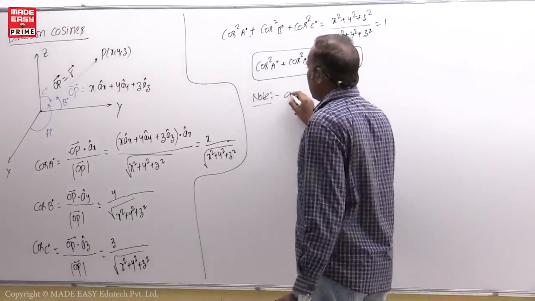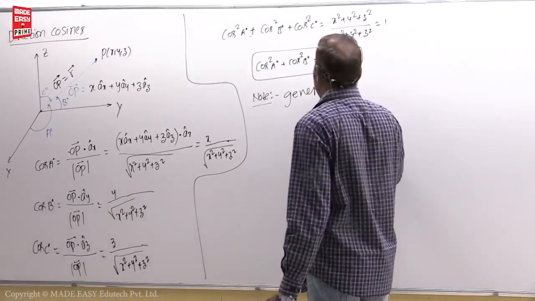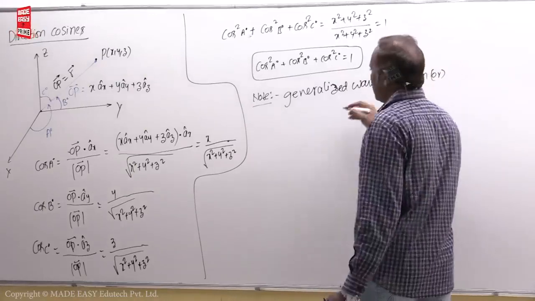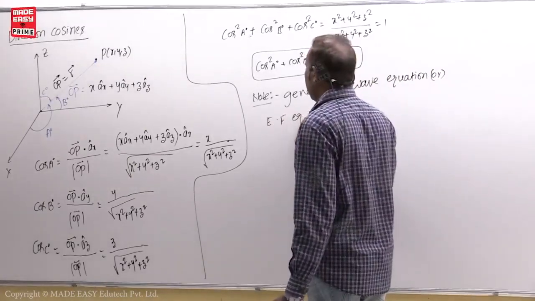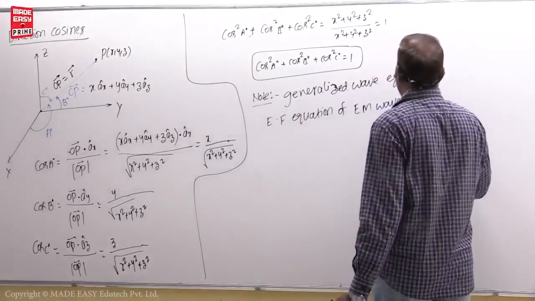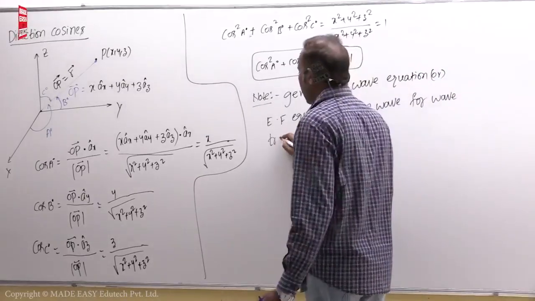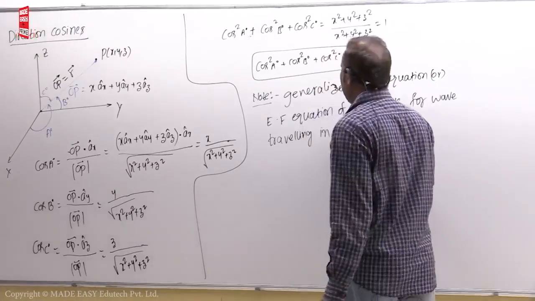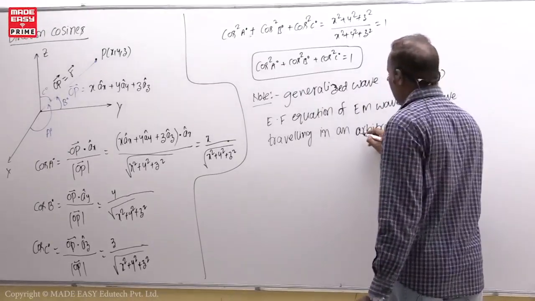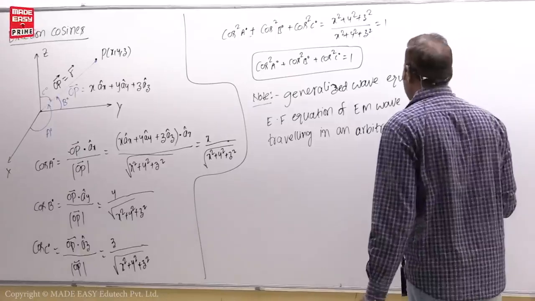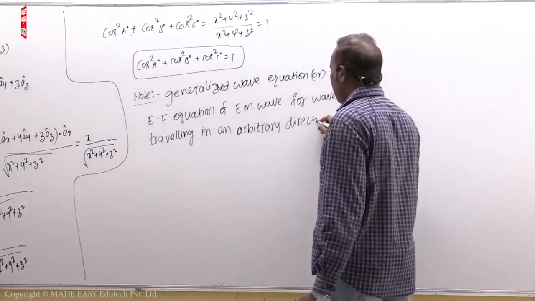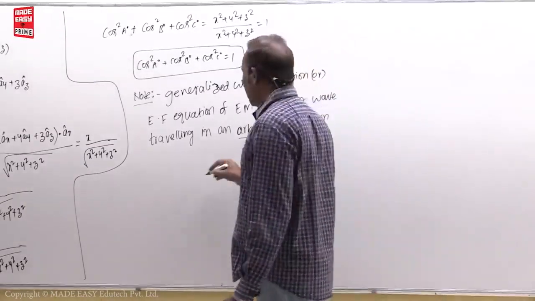Now I am writing here, note: generalized wave equation, or otherwise the electric field equation of an EM wave for a wave traveling in an arbitrary direction.